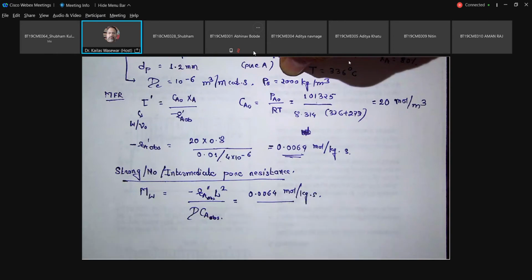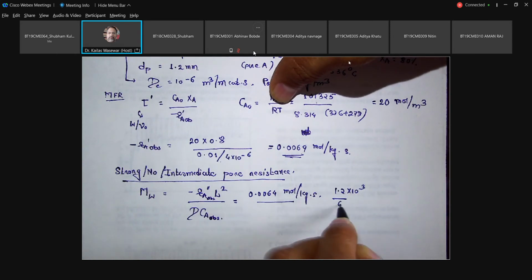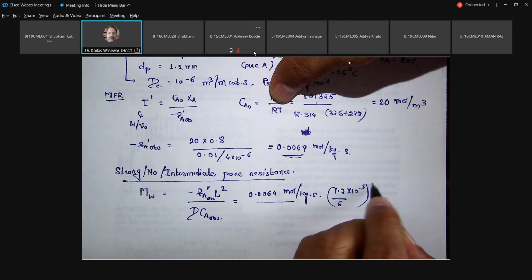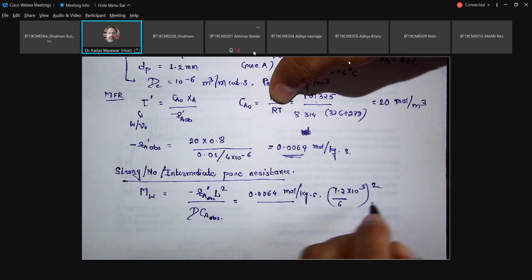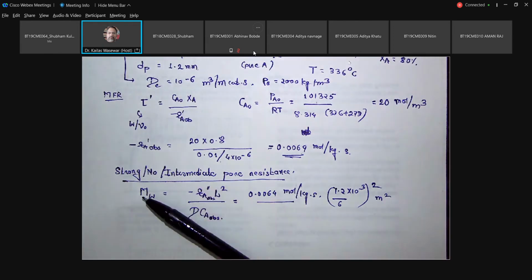L is given. If you convert in terms of L, this will be in the meter square. For spheres, L will be diameter divided by 6.